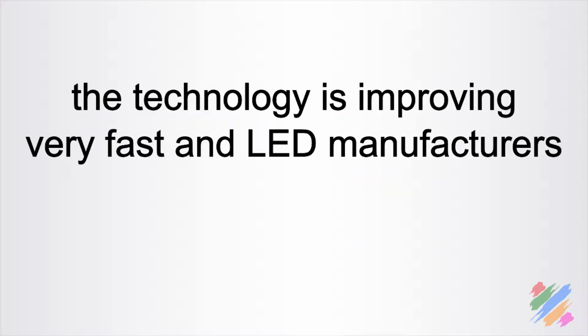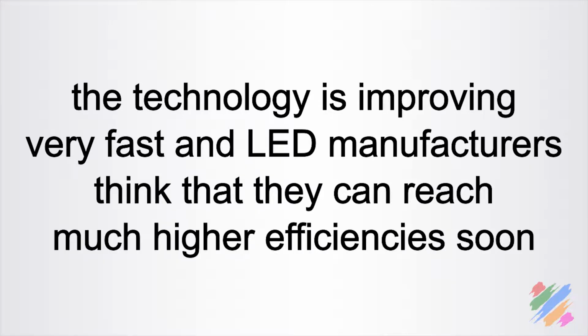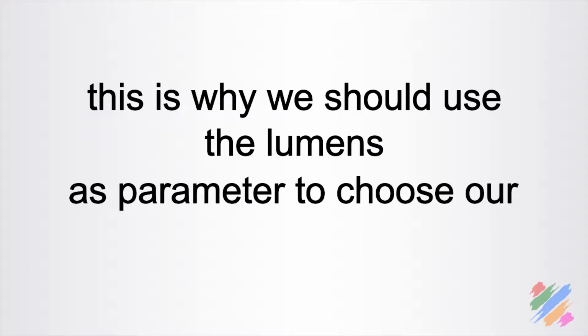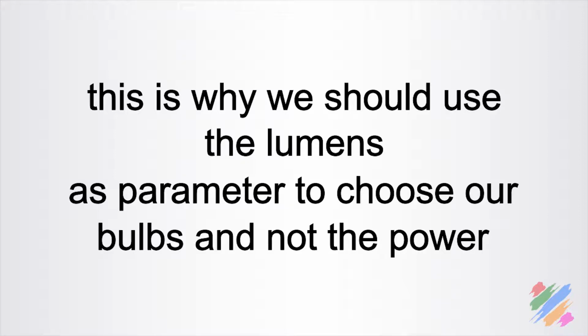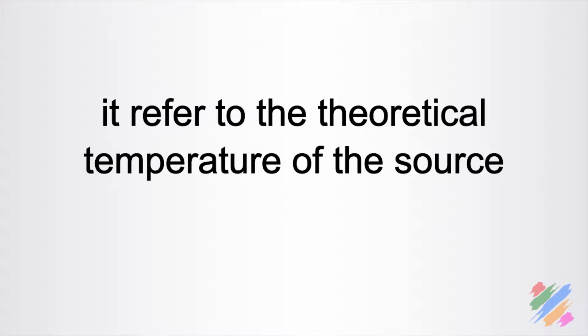But the technology is improving very fast, and LED manufacturers think that they can reach much higher efficiencies soon. This is why we should use the lumens as parameter to choose our bulbs and not the power.